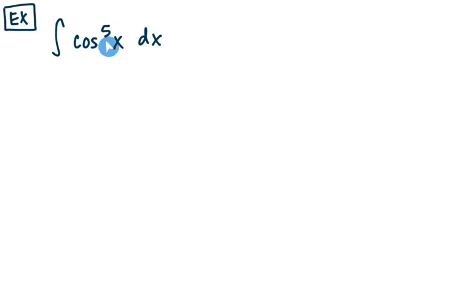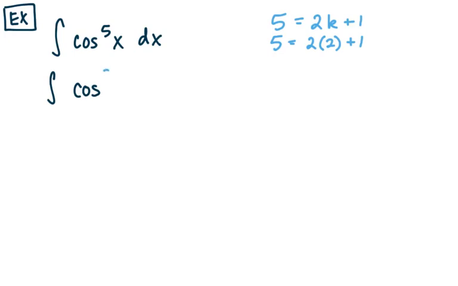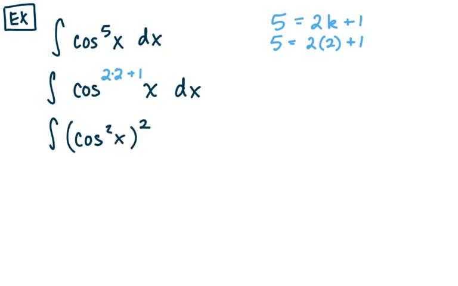So 5, if we want to write that as 2k plus 1, that's going to be 5 equals 2 times 2 plus 1. So we're dealing with the integral of the cosine of 2 times 2 plus 1 of x dx. So separating that, now I have cosine squared x squared times cosine x dx.